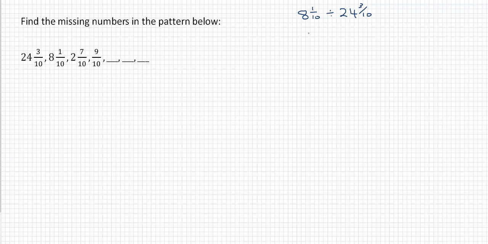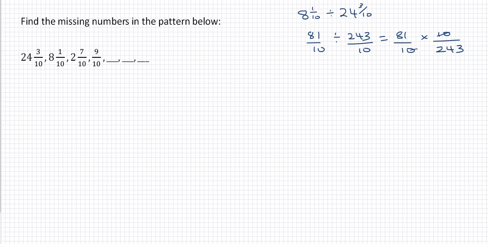So we have 8 times 10, 80 plus 1. You have 81 over 10 divided by 24 times 10, which is 240 plus 3. So that's 243 over 10, which is going to be 81 over 10 multiplied by 10 over 243.